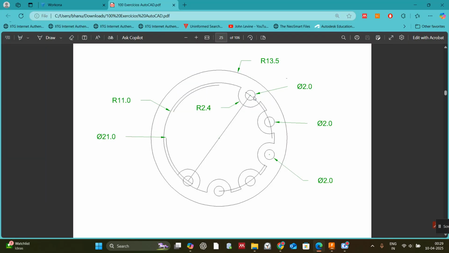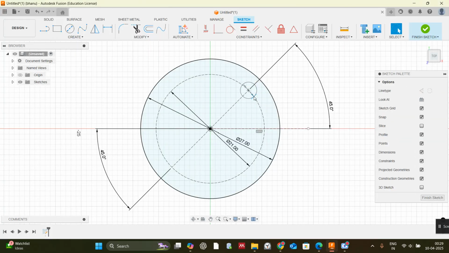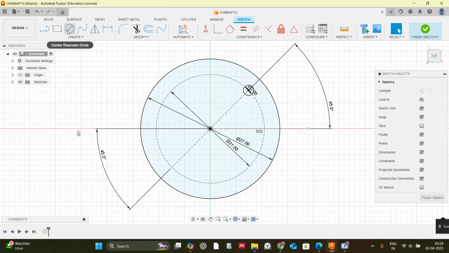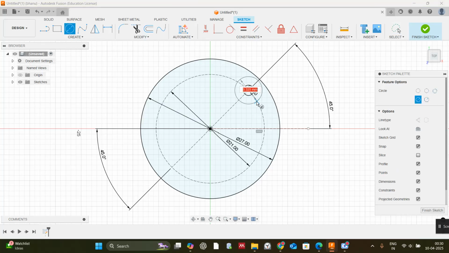The diameter is 2. And another half circle is 2.4 into 2.